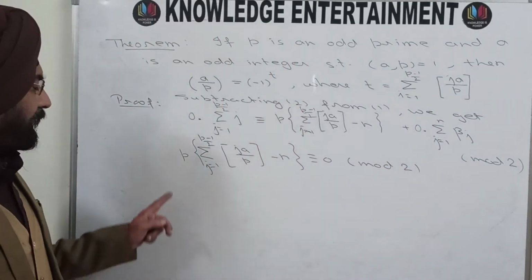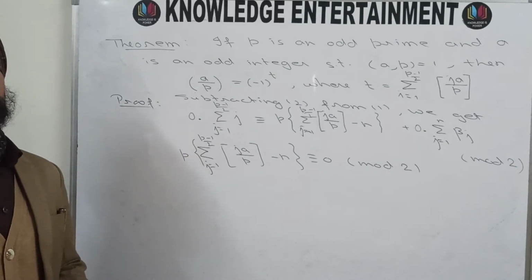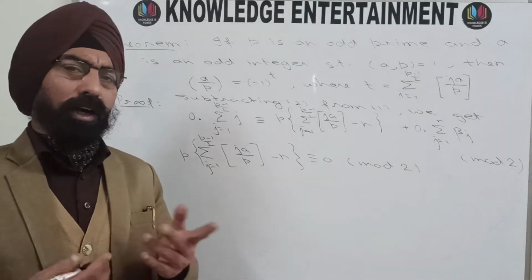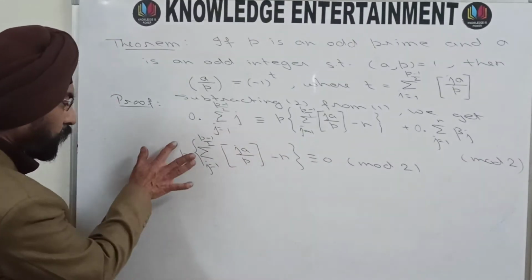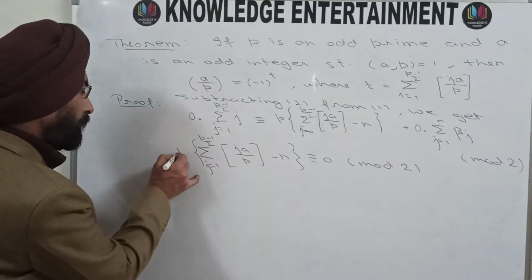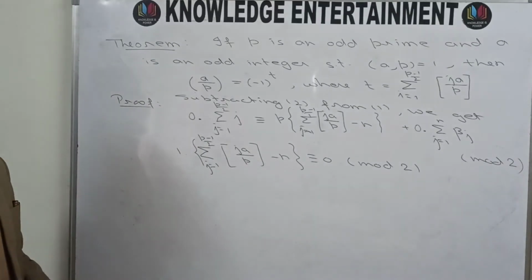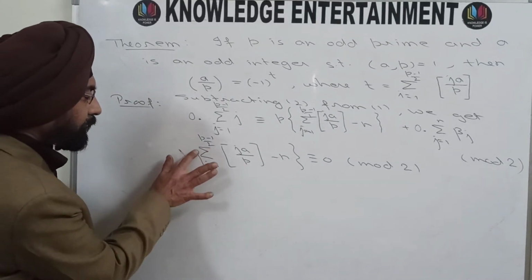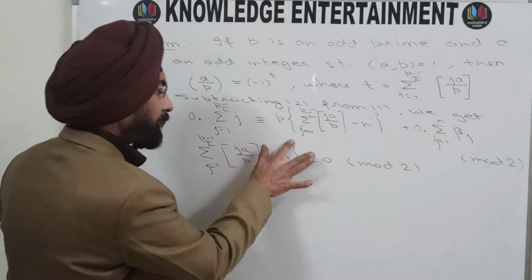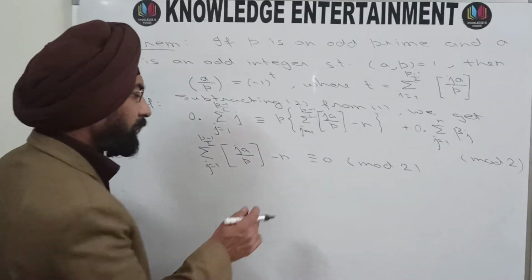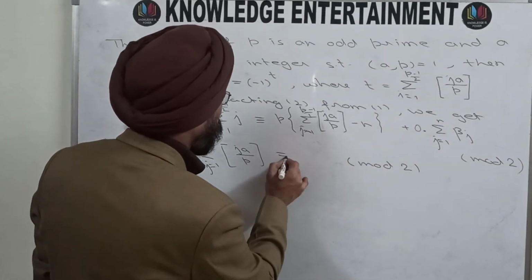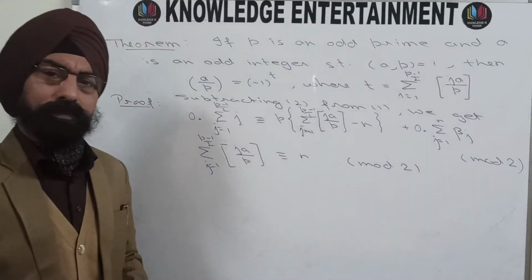Once again, this p is an odd prime number, and any odd integer when divided by 2 will give you the remainder equal to 1. So this p can be replaced by 1, and 1 into anything is the same. So this is the same quantity, sigma this and this. Now, take this minus n to the other side, you will get this is congruent to n modulo 2.